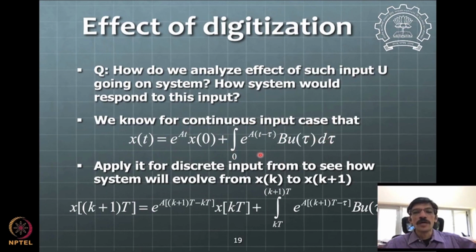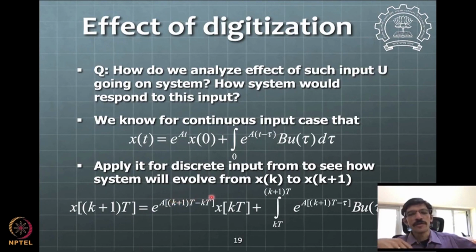Now we apply this solution between two time instances, where we start off at time instance kT, where capital T is the sampling time, and we predict the state at (k plus 1)T. Within this time interval of capital T, the system will progress.